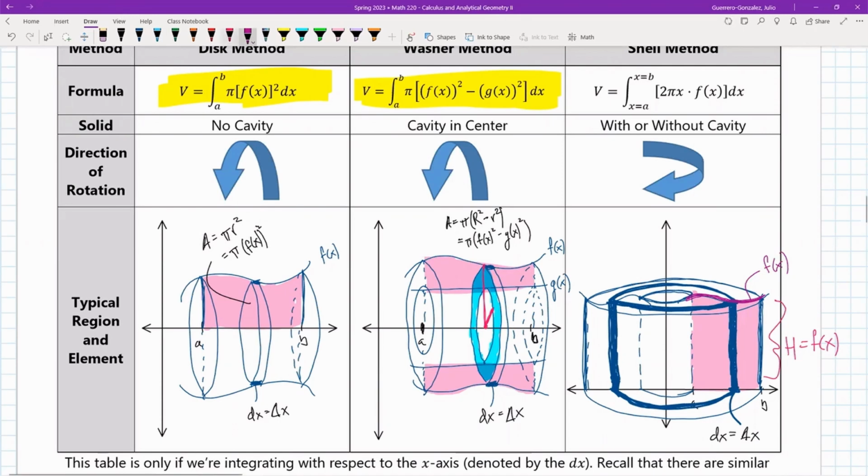And the one thing that is missing is a radius. How far out did we have to go to get to my one little soda can, right? That was going to be my r, and that radius is dictated by x.